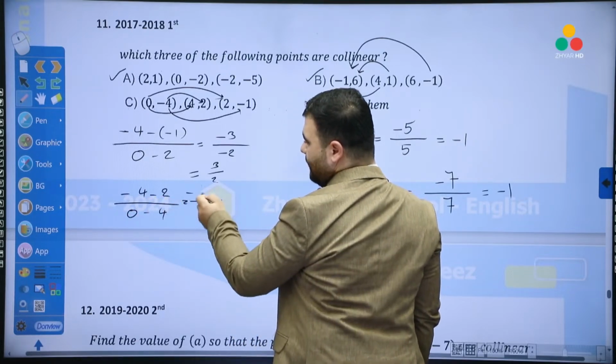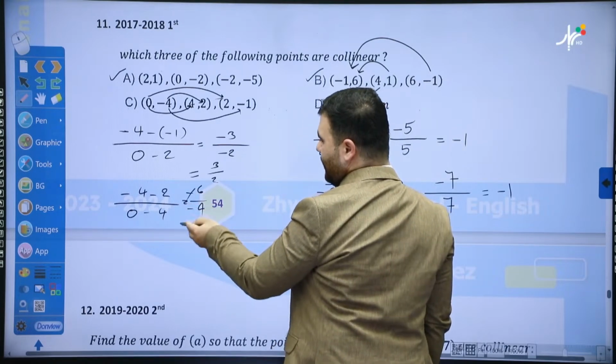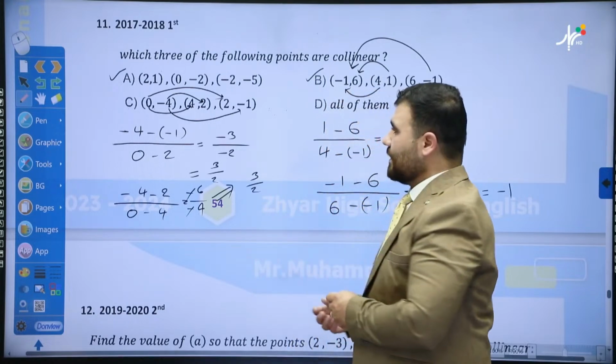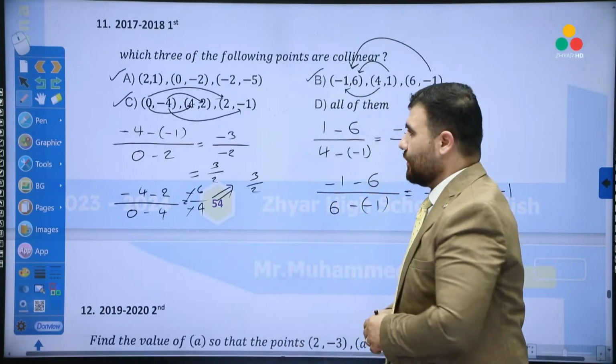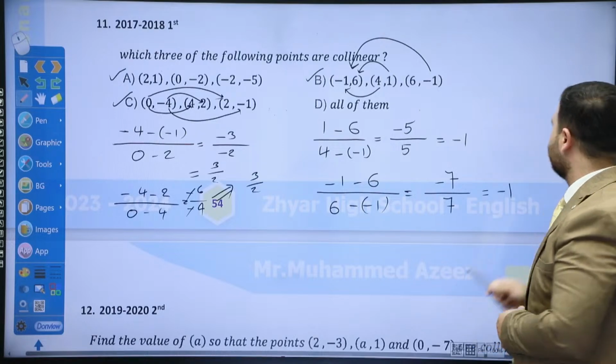Negative 4 minus 2 is negative 6. 0 minus 4 is negative 4. Divide by 2. This simplifies to 3 over 2 as well. So the set C points are also collinear. This means all of them. D will be the correct answer.